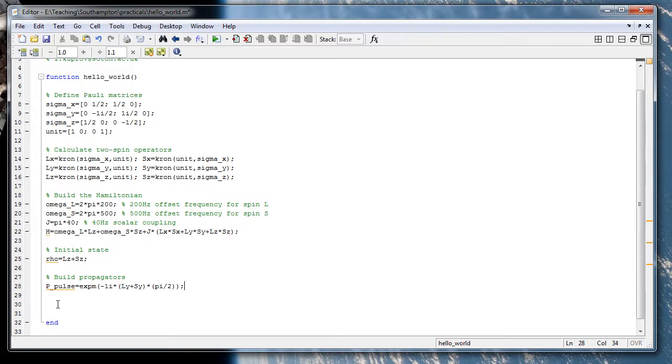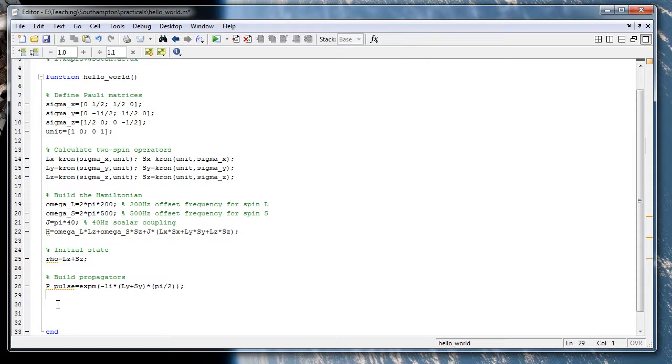So a quick shortcut for a hard pulse that gives a specific flip angle. It's important that it's a hard pulse, so there's no evolution that's occurring inside it, save for that same pulse. It's a shorthand to get that pulse out. Okay, so that's the pulse propagator.